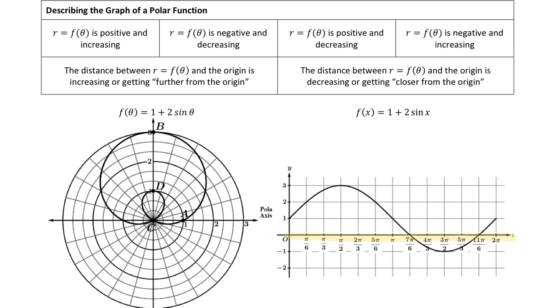If I'm looking at the rectangular version of 1 plus 2 sine of x, we have this first section right here that is above 0 and increasing. If we're going to find this section that is positive and increasing on the polar function, that's going to be the section from angle 0 to angle pi over 2.